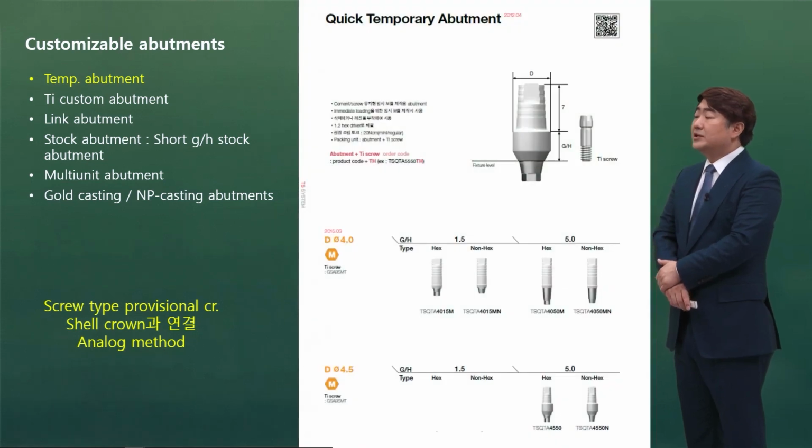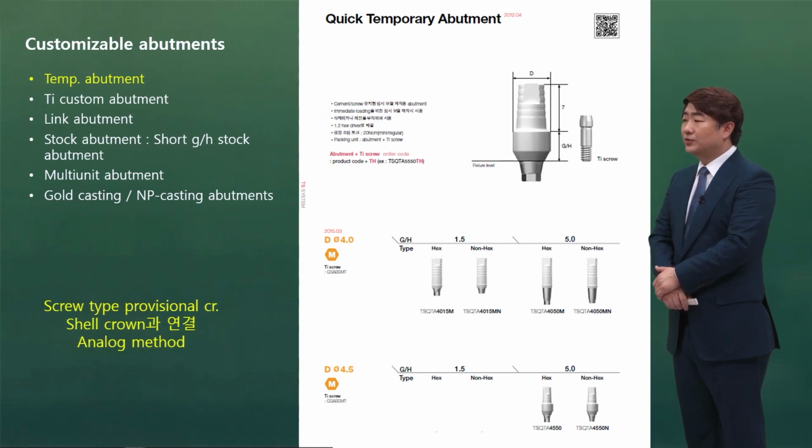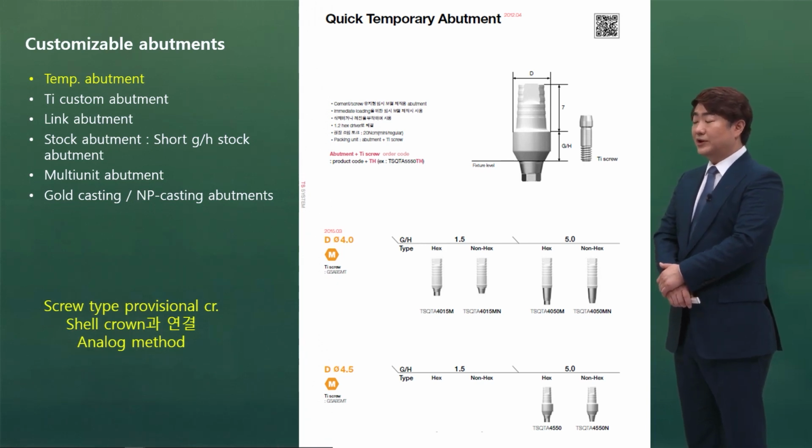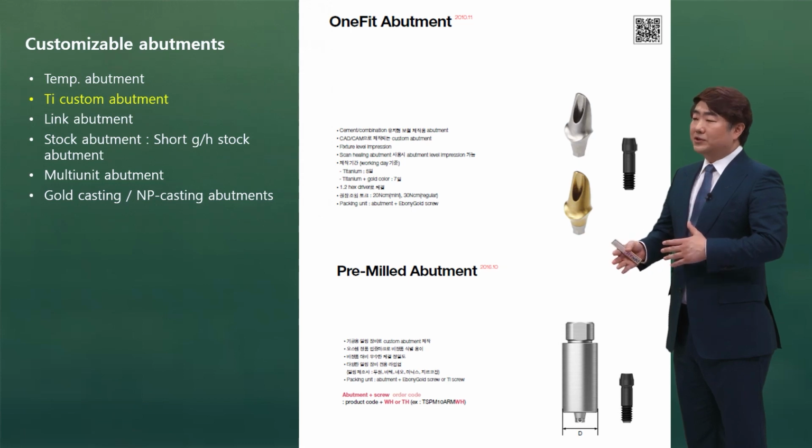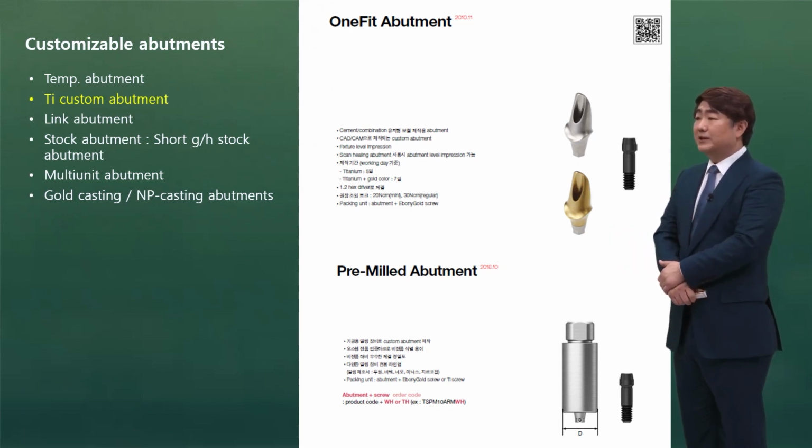Now, if we want to have more convenient abutment cutting, then plastic can be used. And also, the most popular way in the custom abutment would be this titanium abutment.